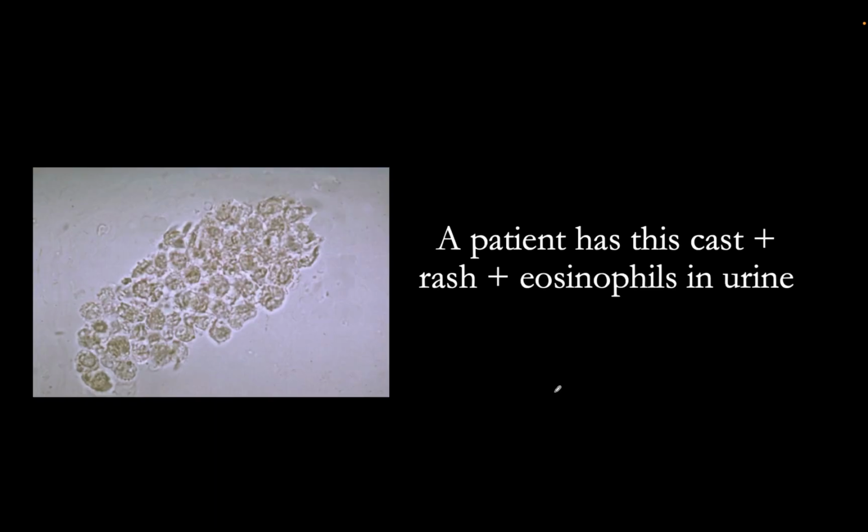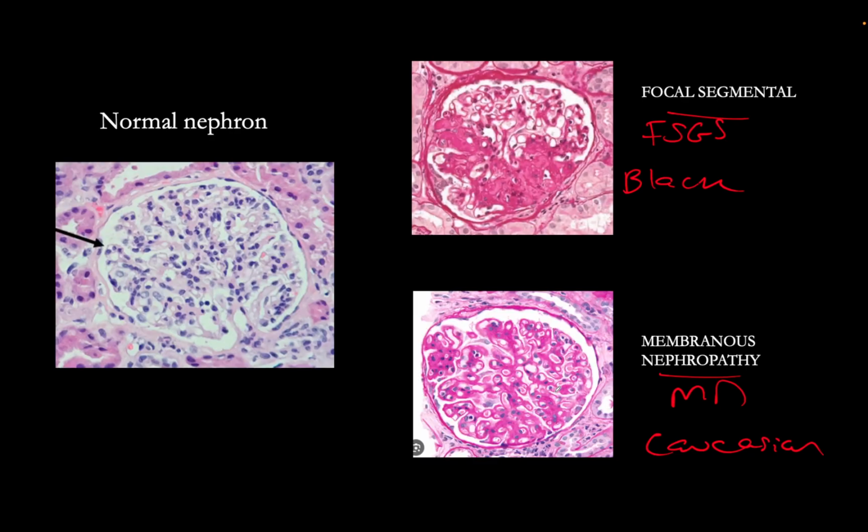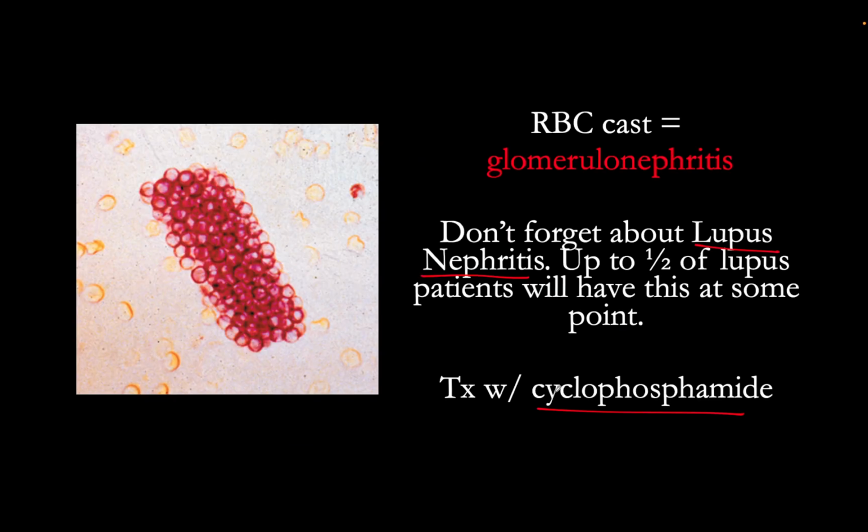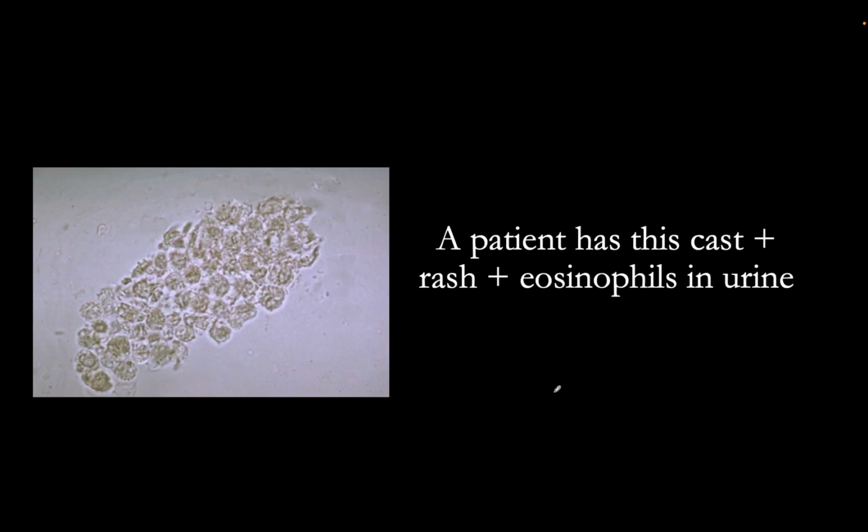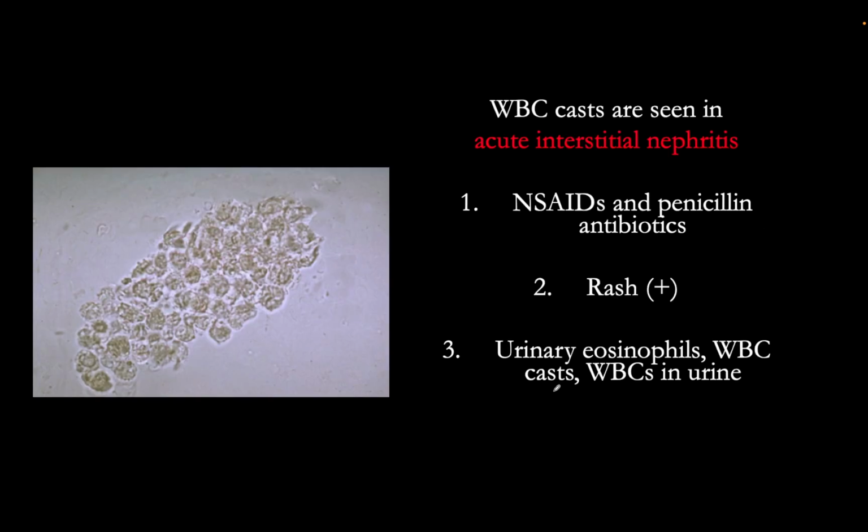This is a cast that's very important. It looks pretty similar to the red blood cell cast, but it's white. And so this is obviously a white blood cell cast. The most important thing it's seen in is acute interstitial nephritis. And so you're going to have someone who was either taking a lot of NSAIDs, they'll tell you something about arthritis, or let's say they recently were treated for strep, and they'll try to confuse you.